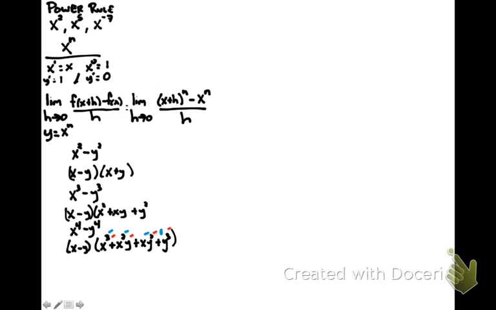So one thing that's true about our proof is that we're actually only proving it for positive exponents right now. But nevertheless, this is helpful because using that pattern, this numerator factors for us.